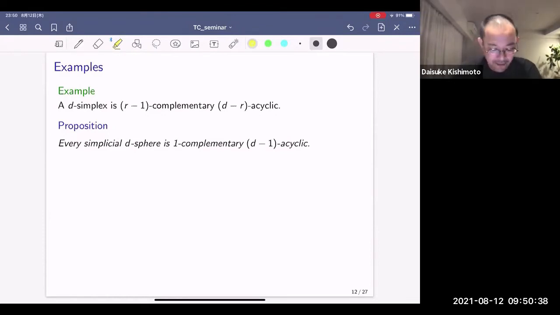That's all. I represent this kind of phenomenon by saying that every simplicial D sphere is once complementary D minus one acyclic.